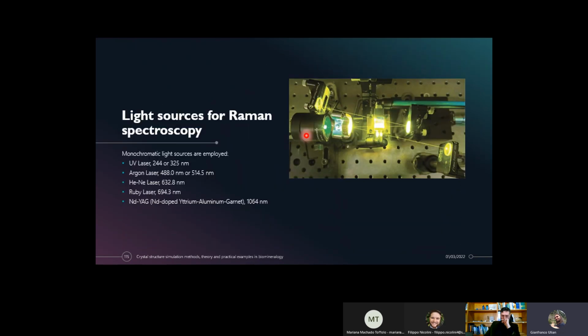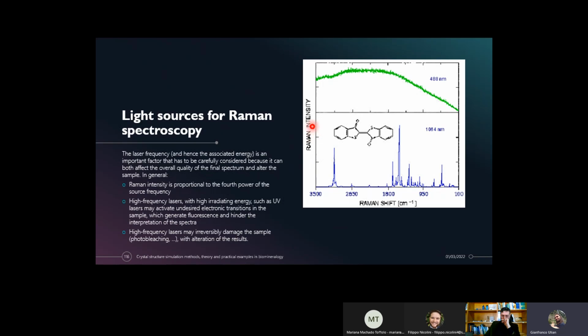Okay, so this is a tabletop. The laser is a very important choice, because on one side we increase the intensity of the signal, but depending on your material, you may excite it electronically, so you may obtain the so-called fluorescence.